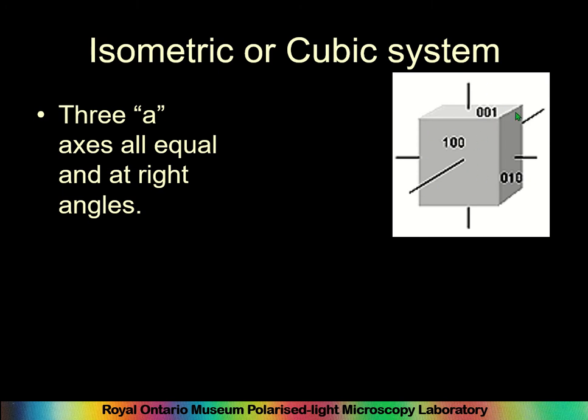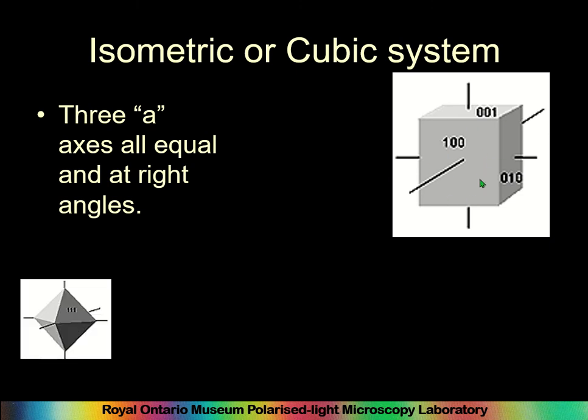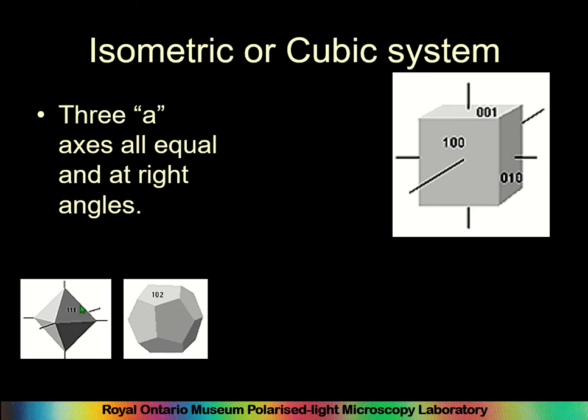So this has these 3 axes, and they're all at equal length, and they're all at right angles to each other. So from this, you will logically work out what the rest are about, because quite obviously the others will differ from this in having different lengths and different angles, but we'll go through them anyway. It doesn't just form cubes, it forms all sorts of weird things.